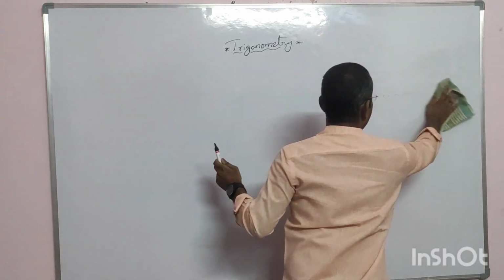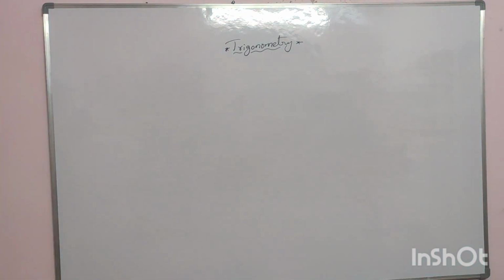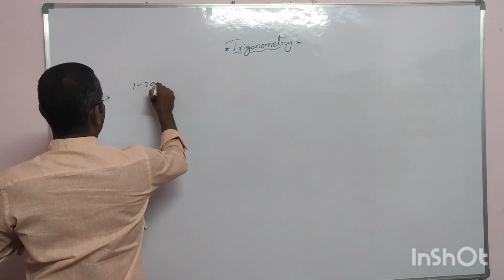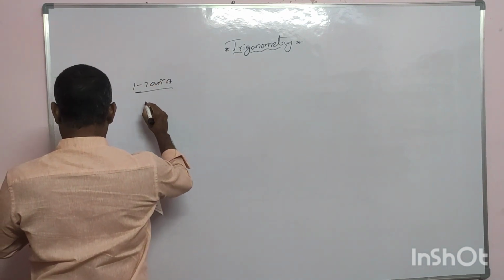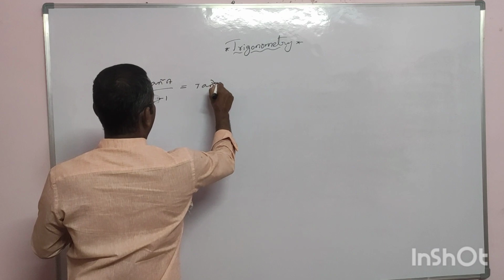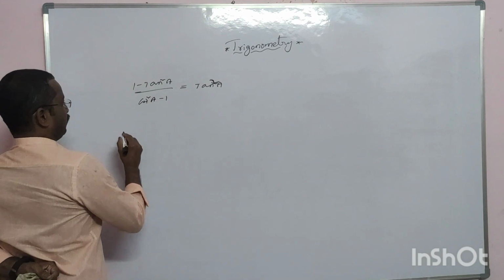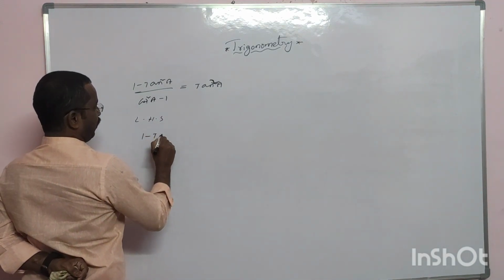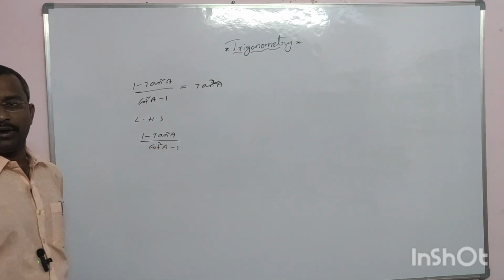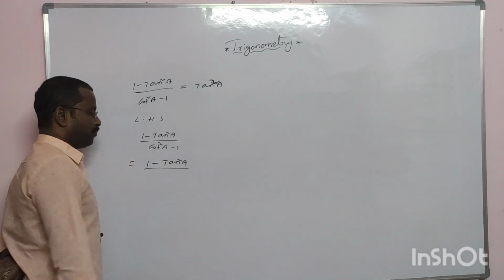Identities are not complicated when you know the auxiliary identities perfectly and when to use and when not to use. And the other one: show that 1 minus tan square A by cosec square A minus 1 is equal to tan square A. Listen, take the LHS part again. 1 minus tan square A by cosec square A minus 1. 1 minus tan square A remains the same.